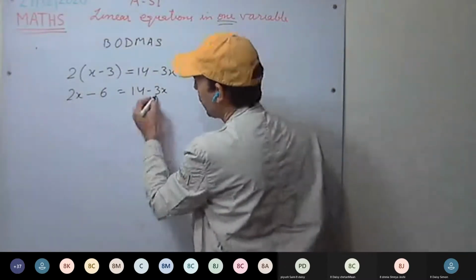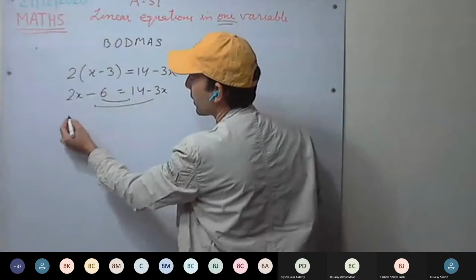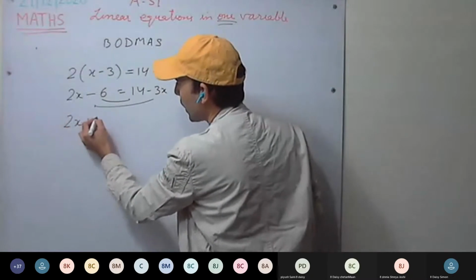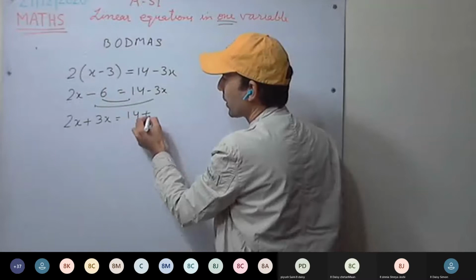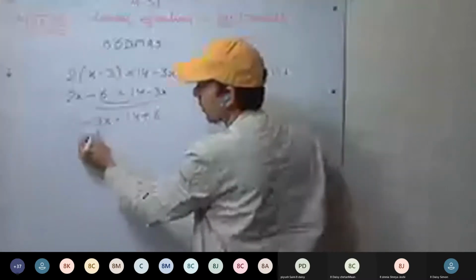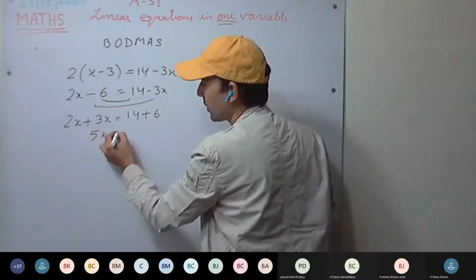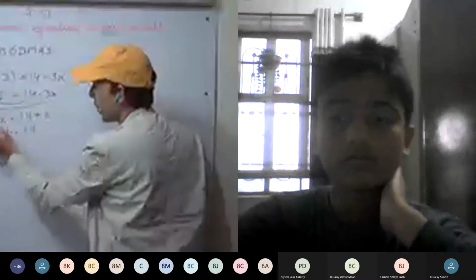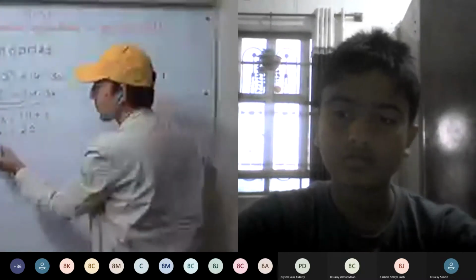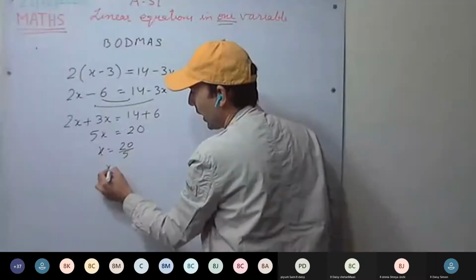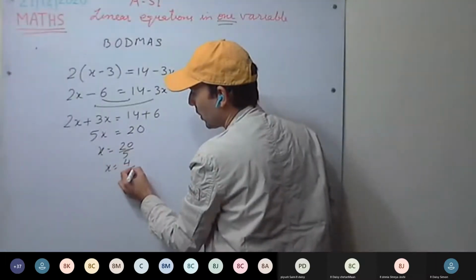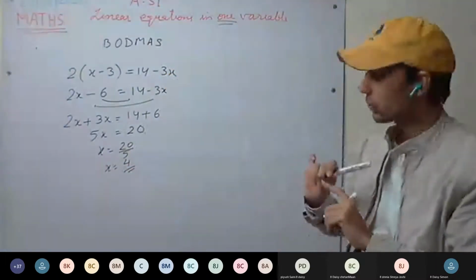So 3x will move to this side and 6 to that side. 2x plus 3x equal to 14 plus 6. It will be how much? 5x equal to 20, x equal to 20 divided by 5. X equal to how much? 4.